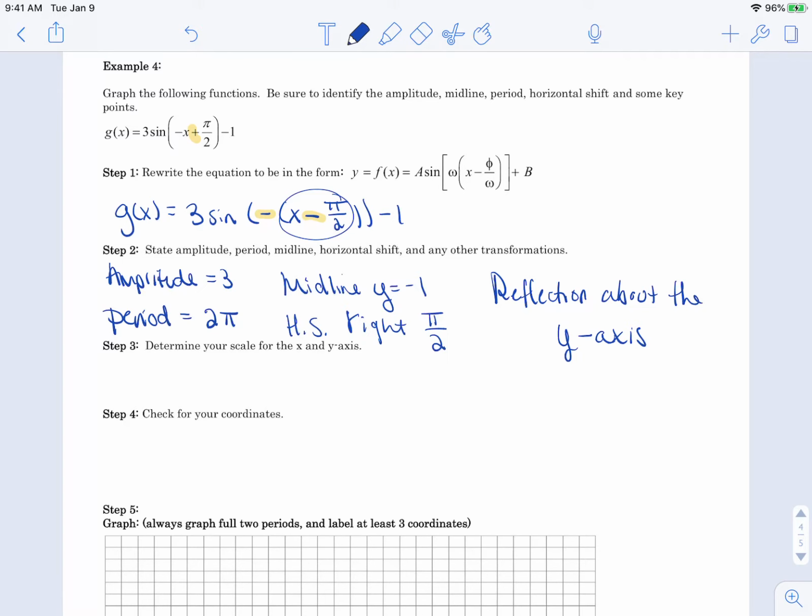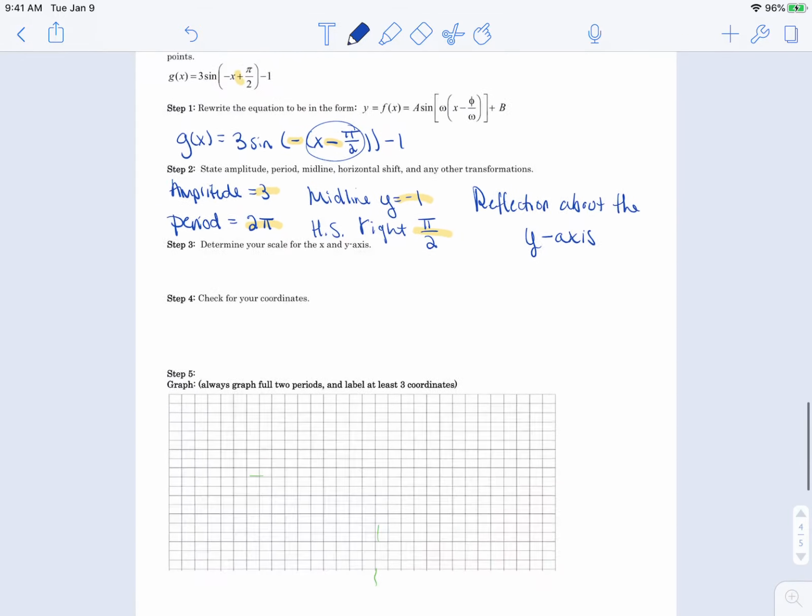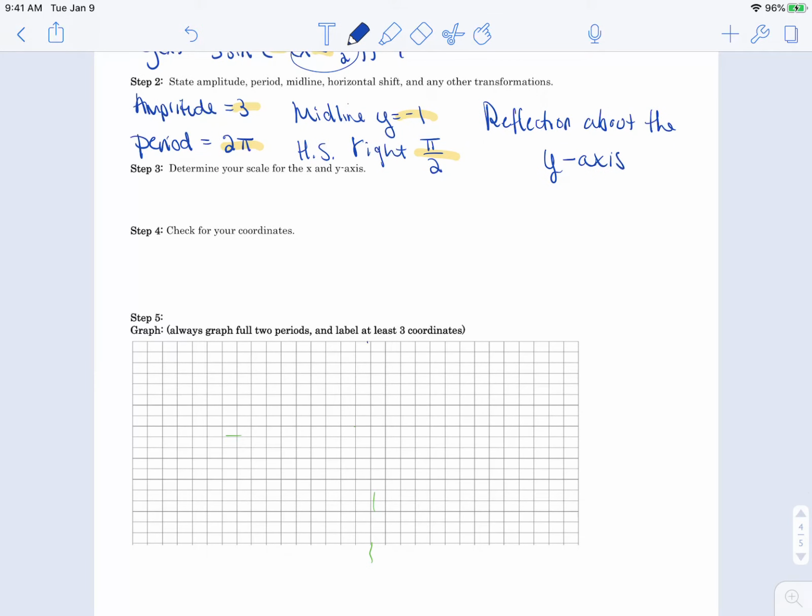Okay. So let's go ahead and use all this information to help us with our scale. All right, so I'm going to give myself a scale. Looks like my midline's -1, so I do want to give myself some negatives. My first tick mark, I'm going to make pi over 2, pi, 3 pi over 2, 2 pi.